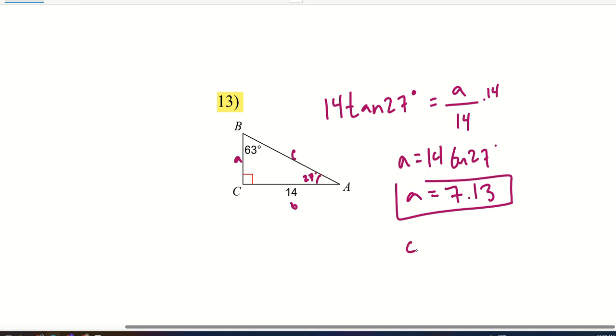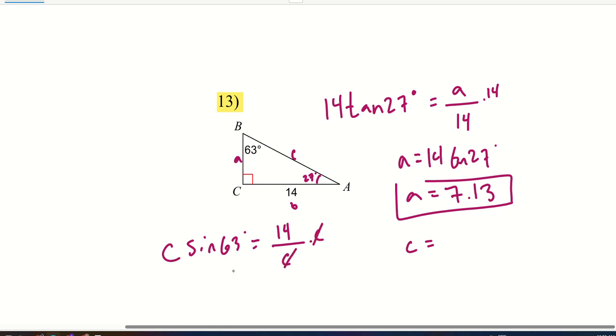All right, the only thing that I'm missing is little c. I could really just do anything. Let's do sine of 63. I could do Pythagorean theorem, but I already cut off some decimals, so I'm going to stick with trig. Sine of 63 gives me my opposite, which is little b, which I know is 14, over my hypotenuse, which is little c, don't know. I'm going to multiply both sides by c.